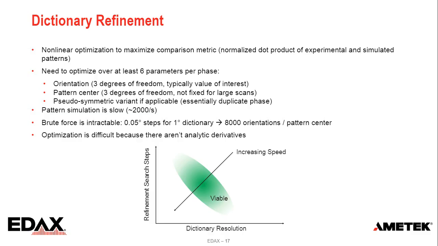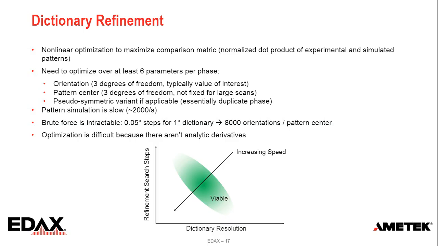which makes the optimization methods limited. And on top of all that, simulating the patterns with the CPU approach that EMSoft uses is relatively slow. Normally something like 2,000 patterns per second. You can multi-thread it, but that only buys you so much. And so you have this trade-off where you want the largest dictionary step between orientations possible to minimize the size of the dictionary.